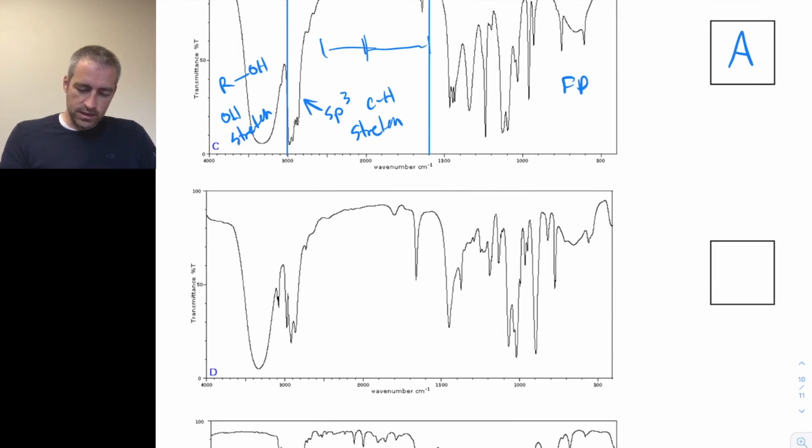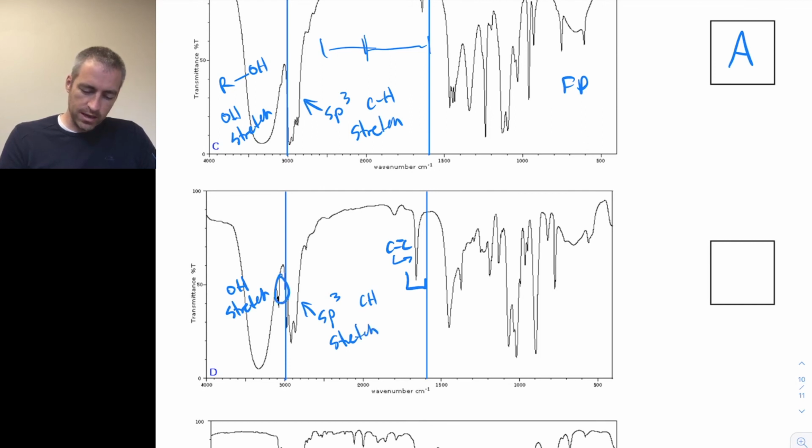This next one does have another OH stretch. It also has what appears to be a CC double bond. That's what that looks like right here, a CC stretch. We see sp3 CH stretch again.